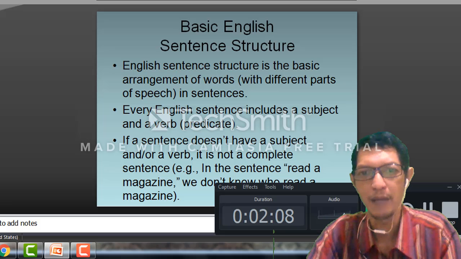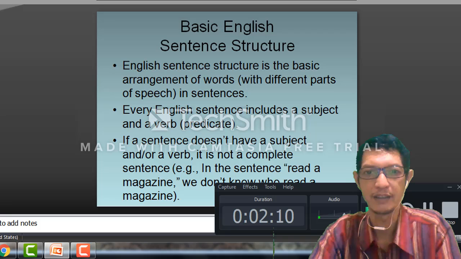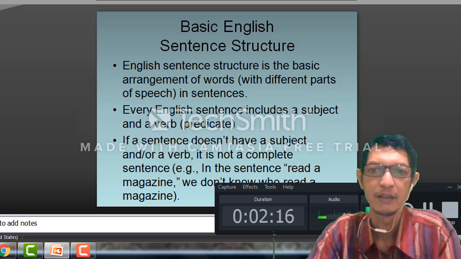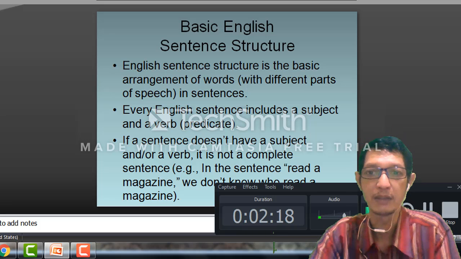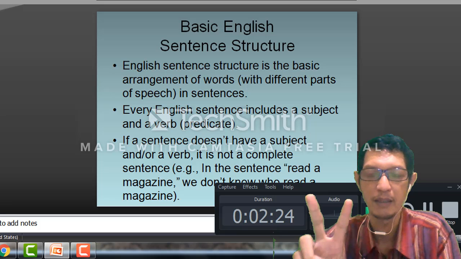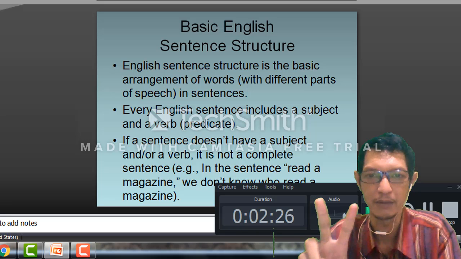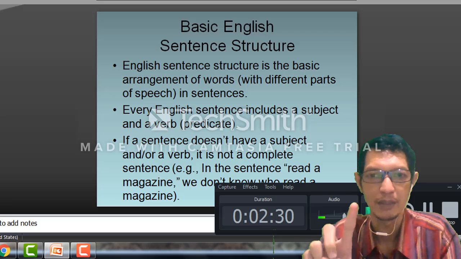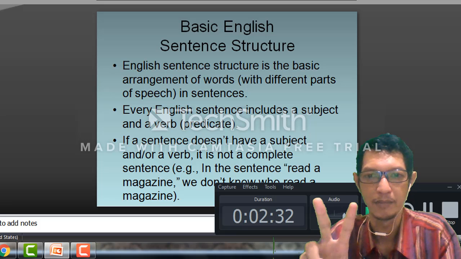So we have basic English sentence structure. In English sentence structure, the construction is always like this: subject and verb. So there are two main elements or components of an English sentence: subject and a verb.